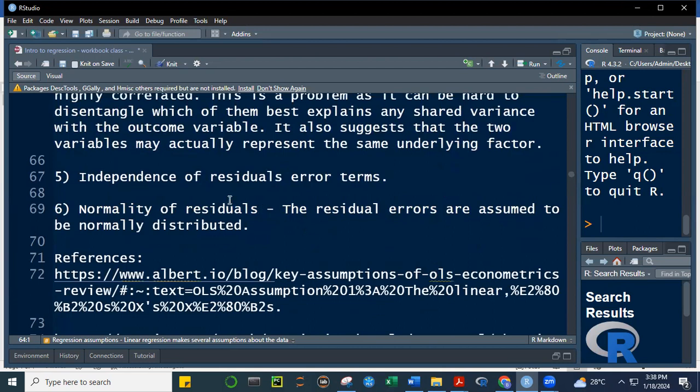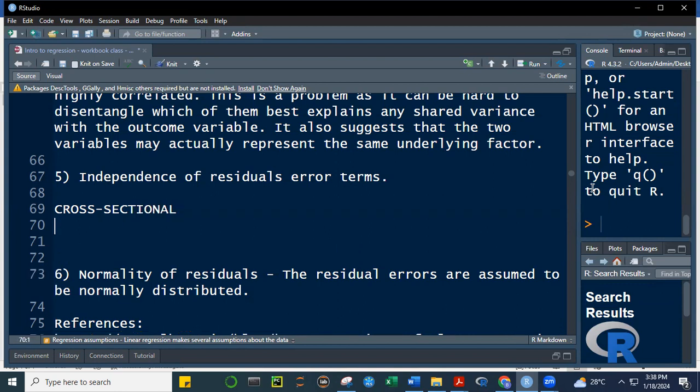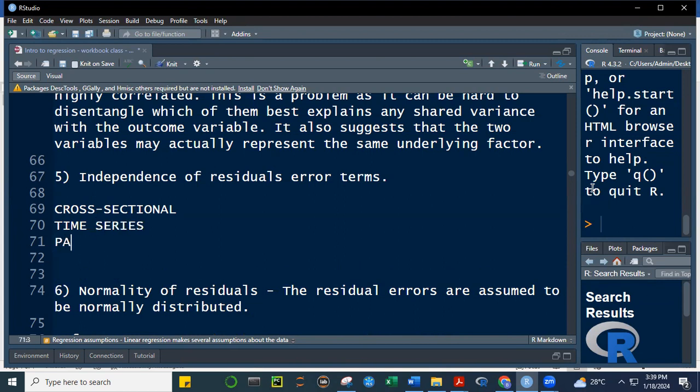Okay, number 5, independence of the residual terms. Now, I think last time we discussed the difference between cross-sectional data, time series, and yung panel.